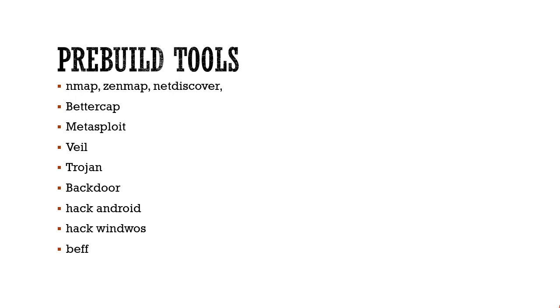And also, if you have any kind of question, you can ask me. We will start learning about viruses, Trojans, backdoors, and hacking Android, and also how to hack Windows. And we're going to go through discovering vulnerabilities, and also SQL injection. These are all tools that people have already built. Also, we are going to do this, okay?